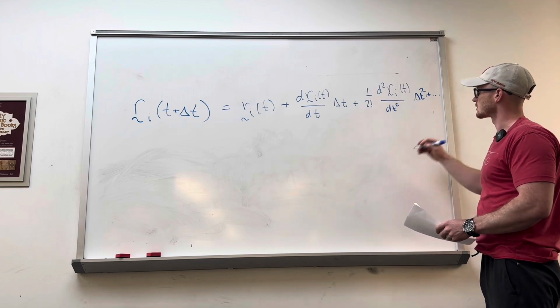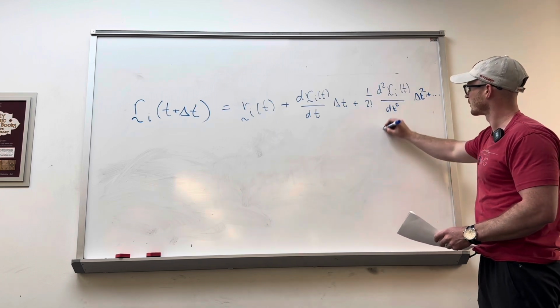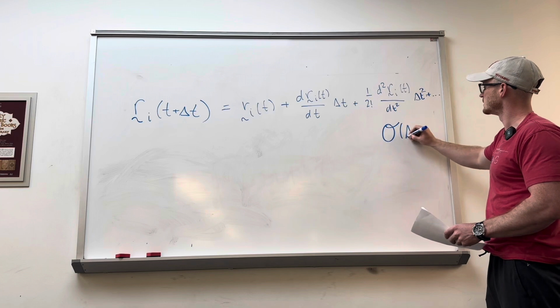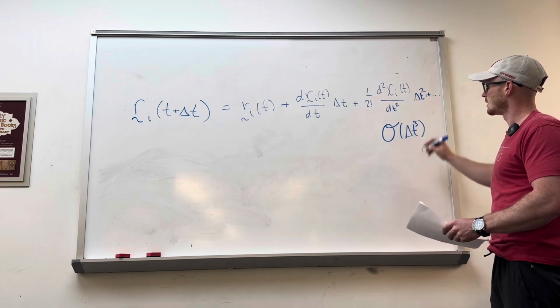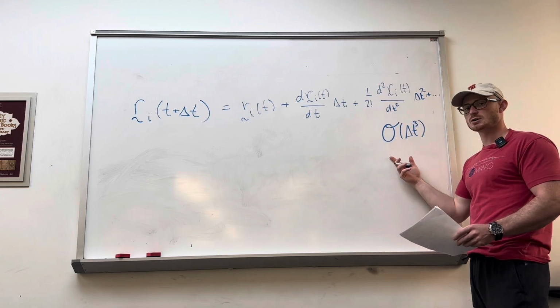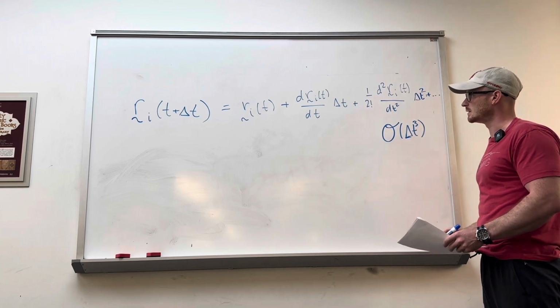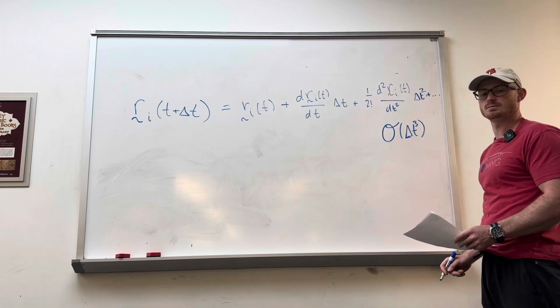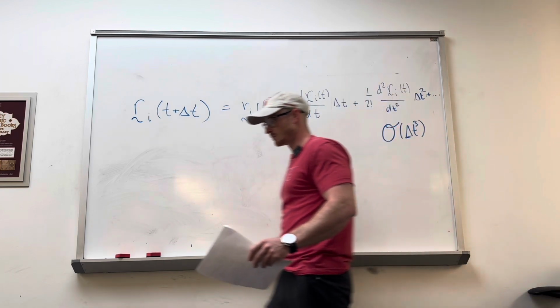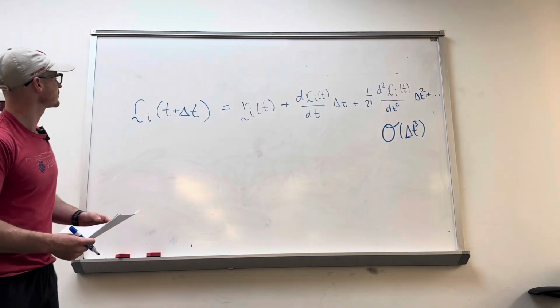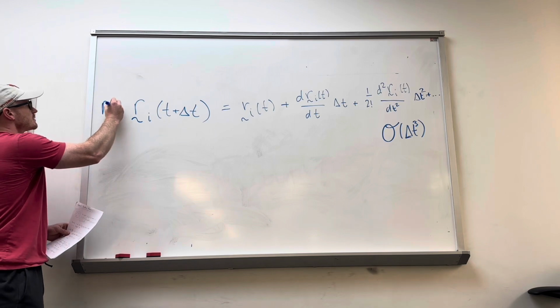Now these extra terms we're going to say are of order delta t cubed. And this just means that all the other terms are at their largest or most significant contribution at the delta t cubed scale. So these are our positions.